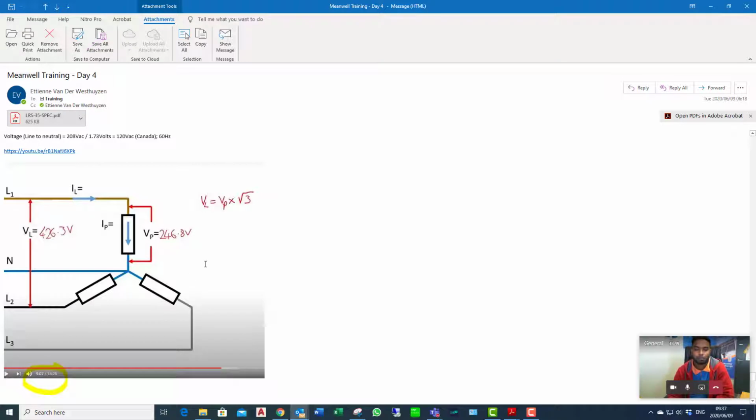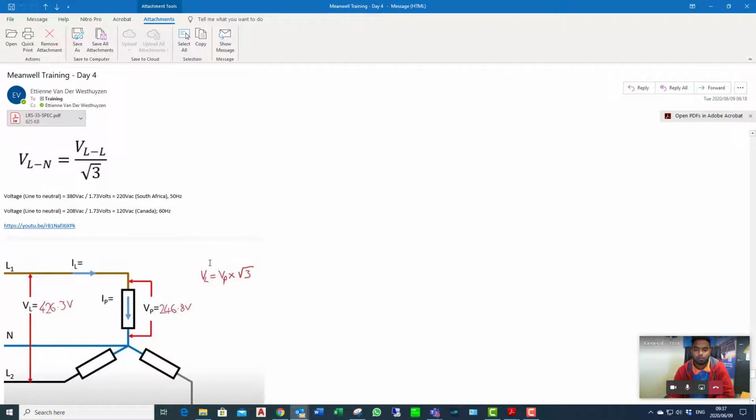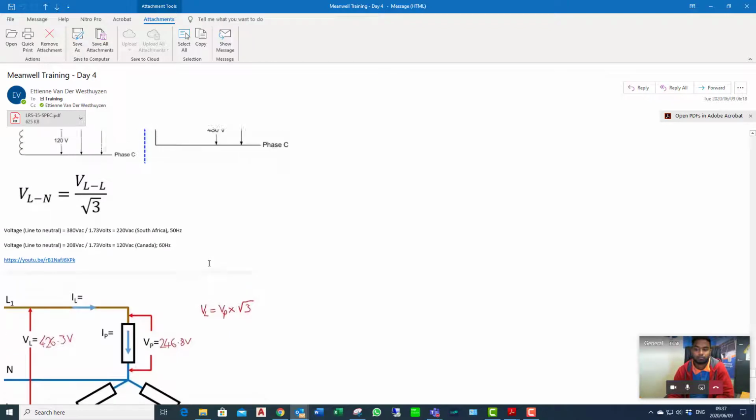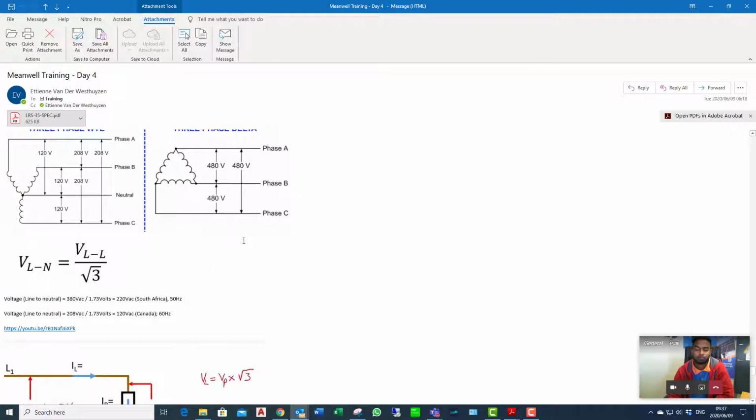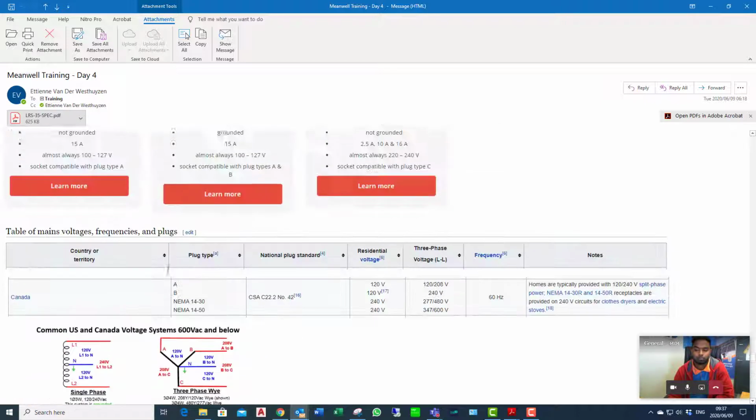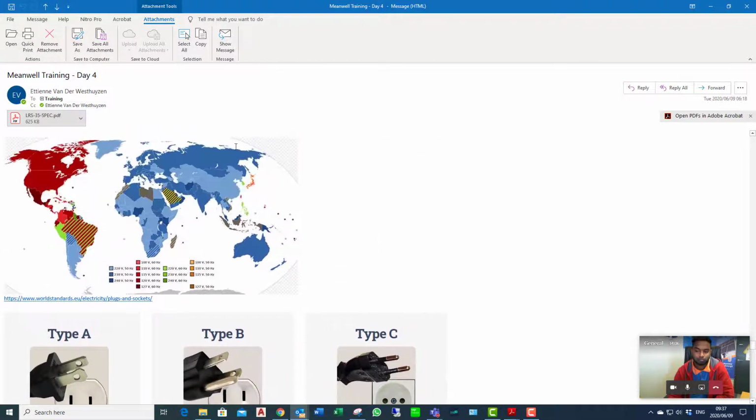Sometimes we do have power supplies, as I'll refer back to, rated 220 volts, 3-phase. So don't get confused. In our arsenal are power supplies that can work in different places like this. It's been designed that way.